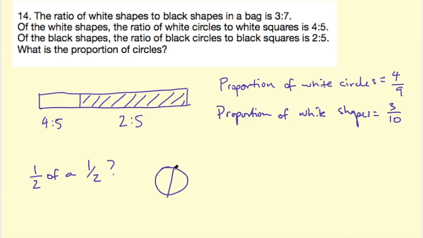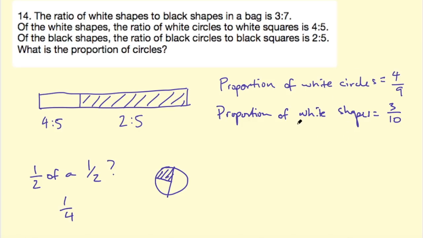What's a half of half a pizza? You have to split that in half again. That'd be half of a half. And then what is that as a proportion of the whole pizza? It's a quarter. How have you found that? You've actually multiplied those. You've said a half of a half, or a half times a half, is a quarter of the pizza.